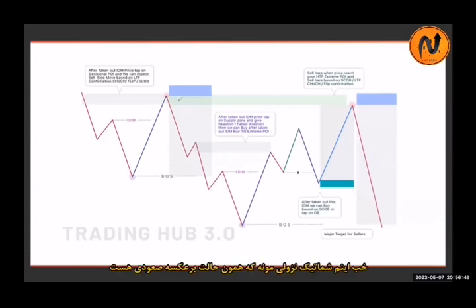Okay, so this is our bearish diagram, and this one is just the reverse of the bullish diagram, right? And a similar thing is here, and the rules are similar, but the direction is just the opposite of the bullish market.